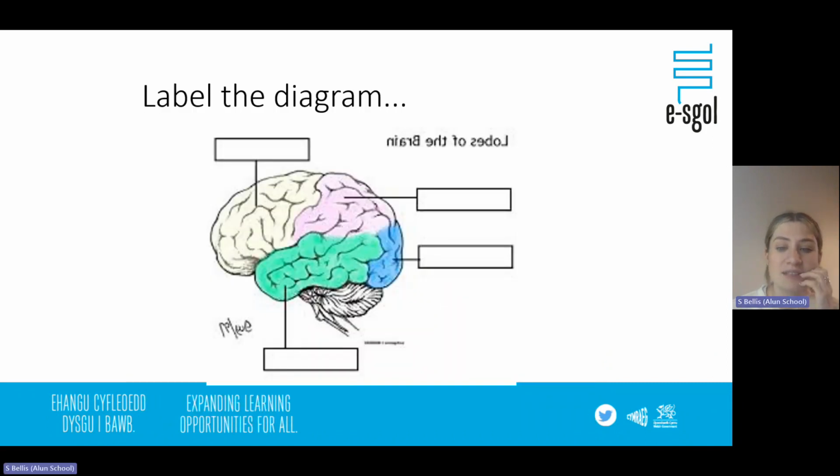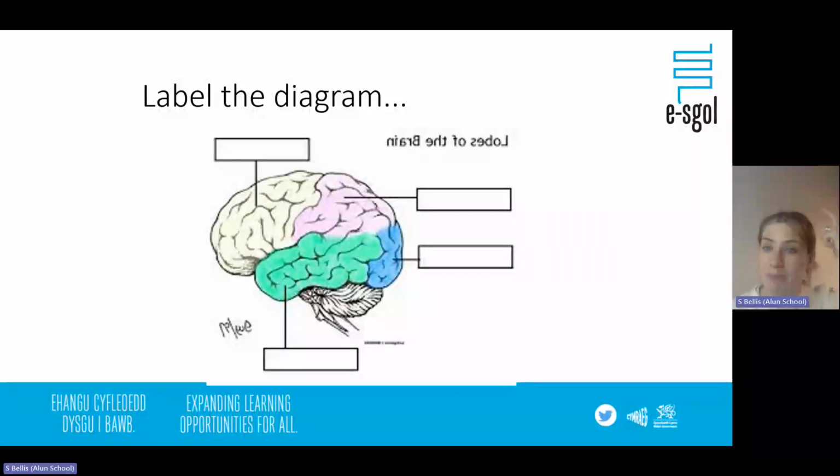So there is a little diagram here on the screen, and there are 4 lobes of the brain, color-coded on the screen. The first one is the frontal lobe, right at the front of your head, and that is in yellow.